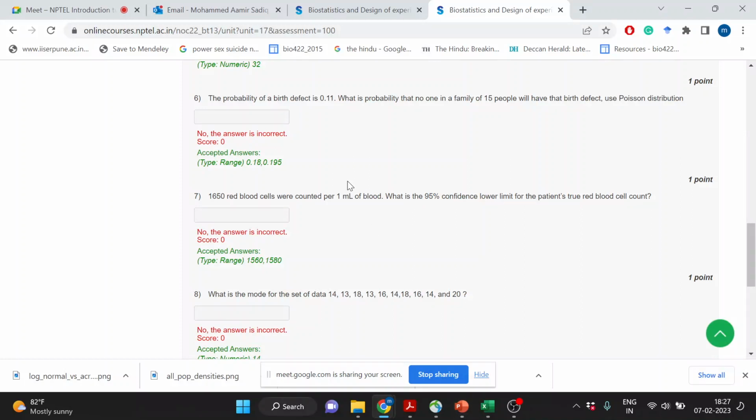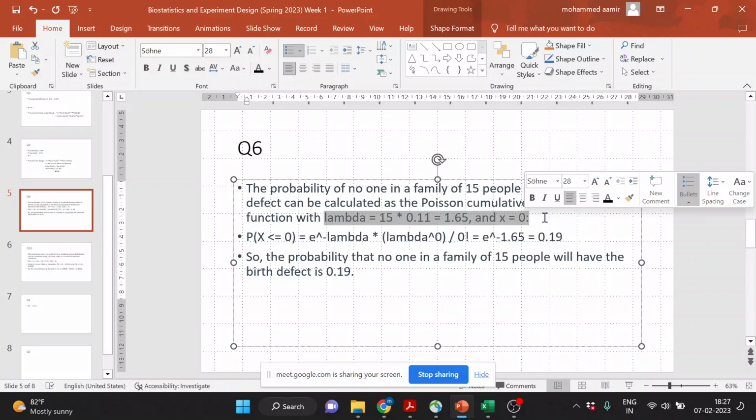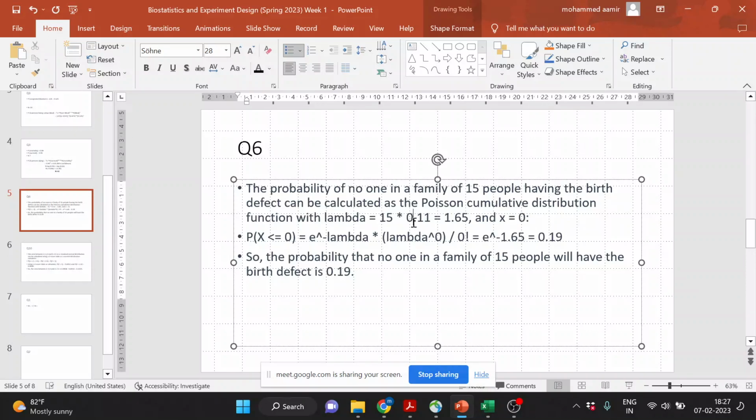Is that okay? Did everyone get that? So the important part is to get lambda, which is basically number of people into the probability that it infects one person. That rate is 1.65. So every 1.65 out of 15 people get affected.